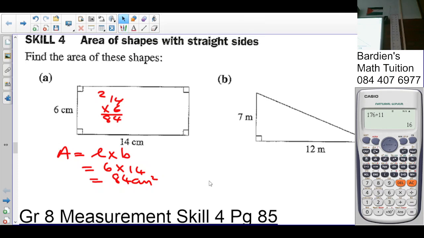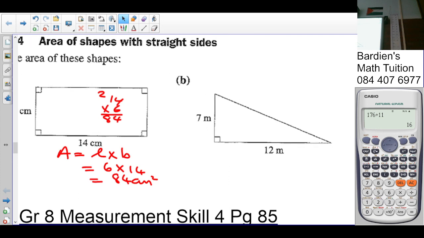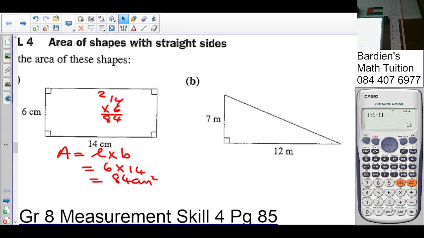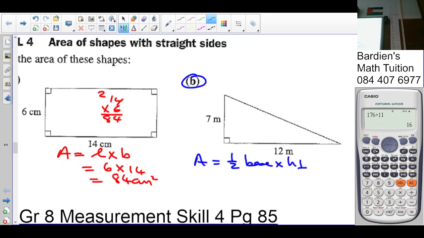What type of shape is in B? A triangle. How do you calculate the area of a triangle? Half base times perpendicular. What does perpendicular mean? It's at 90 degrees to the base. Perpendicular to the base.